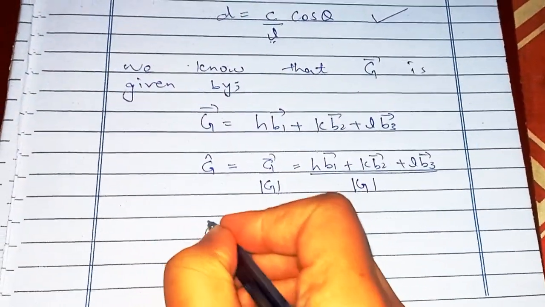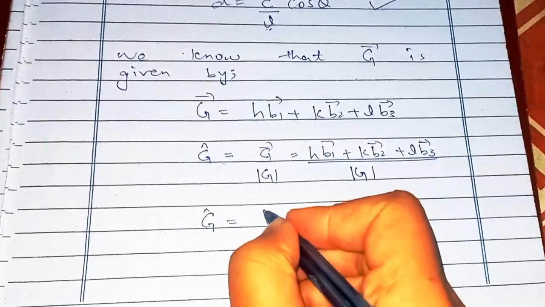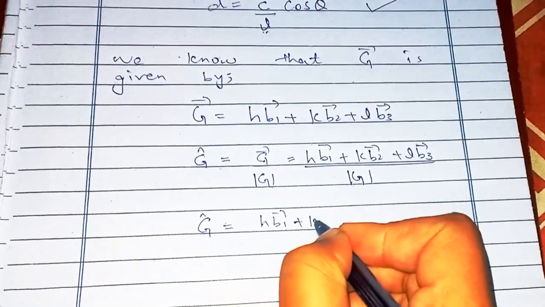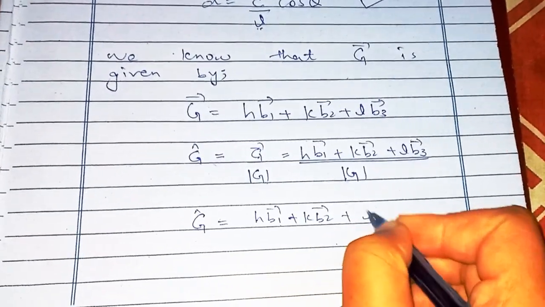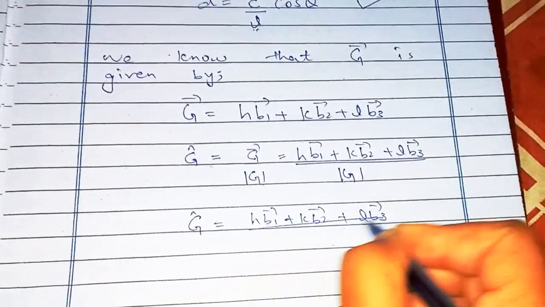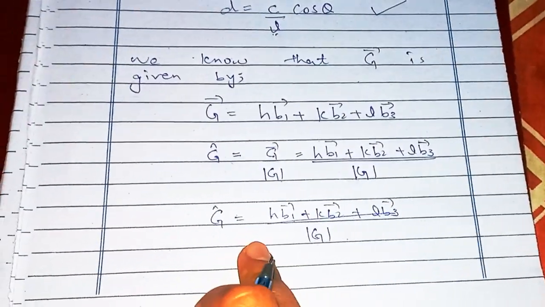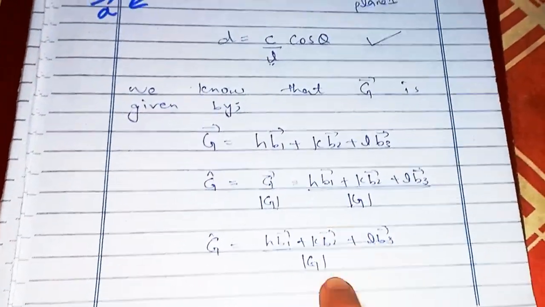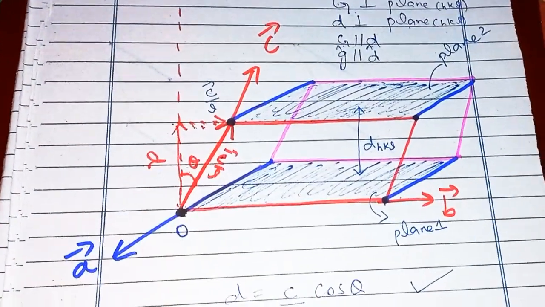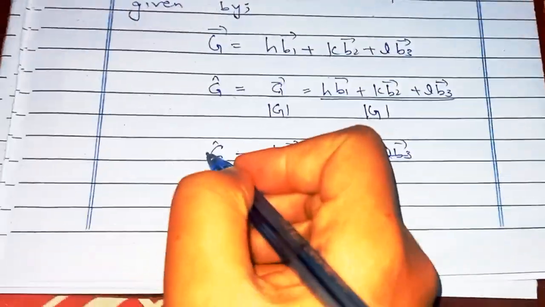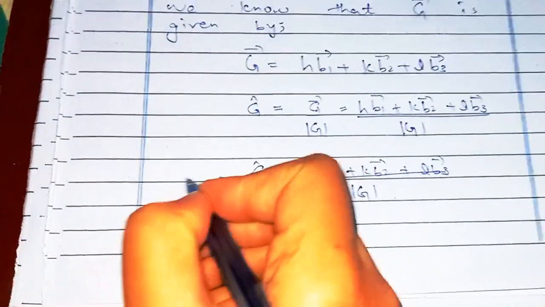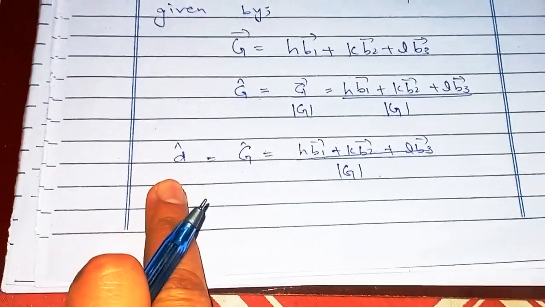Alright, this is the g unit vector, and this unit vector points in the similar direction as the d vector does. So that is also giving us the d direction.